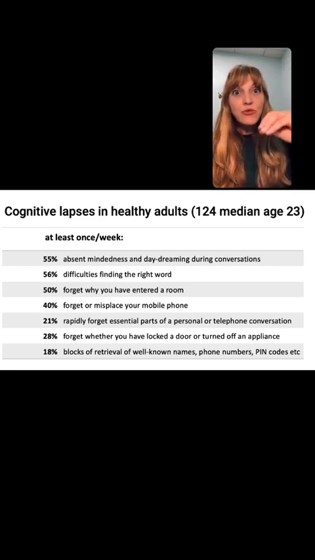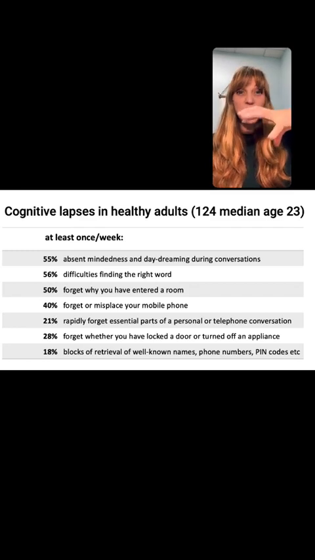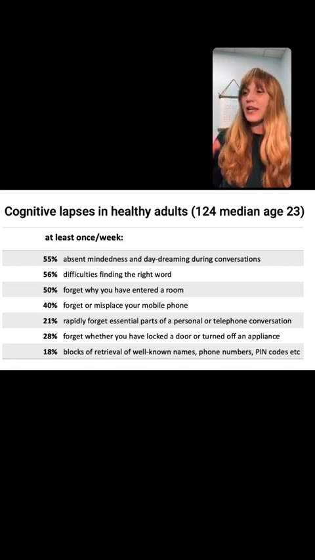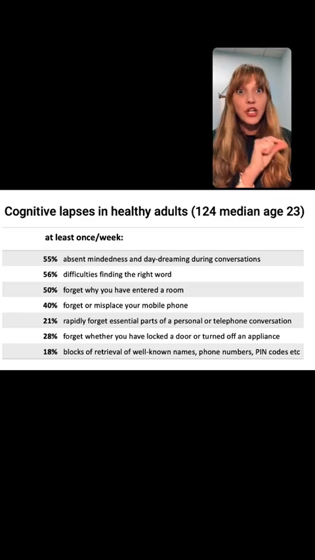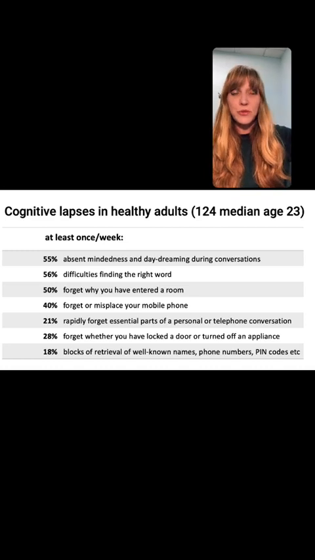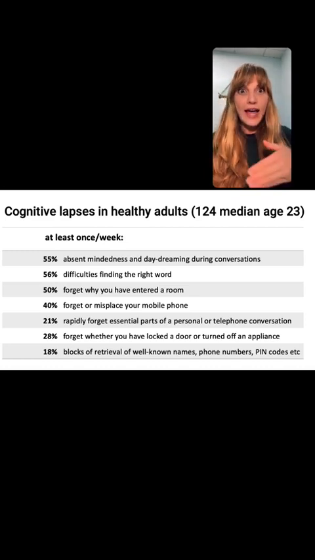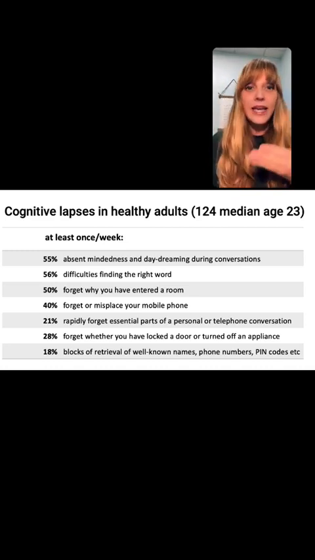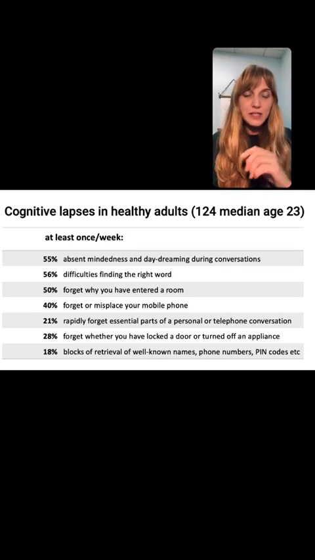If you start attending to that, taking your cognitive resources and attending to, wow, I forgot it. I forgot it again. How many times am I going to forget it? Oh, I forgot it again. And start taking note. You can imagine how much of your cognitive resources are actually taken up in attending to those lapses.